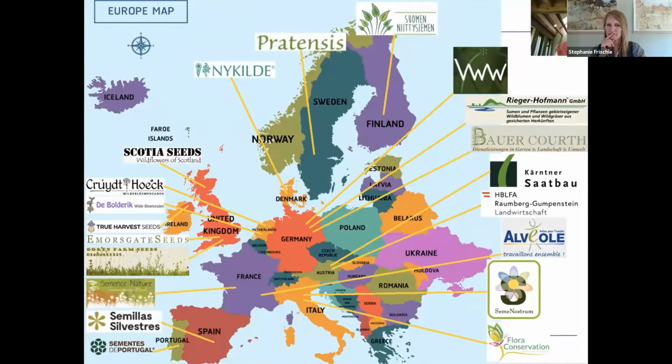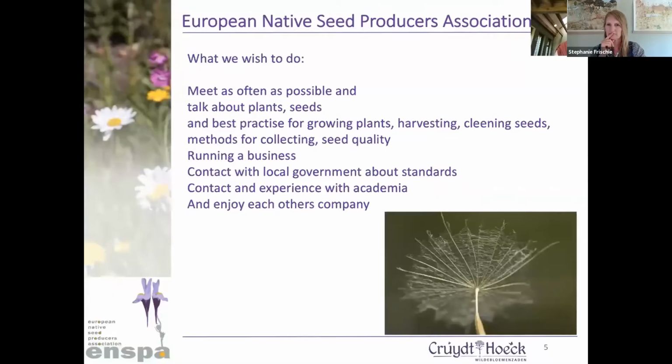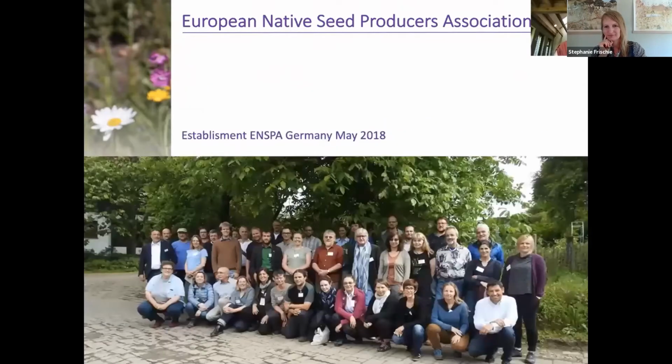Some corners are missing, so we're really looking forward to people who are willing to join us and have the same ideas and ideals for local native seeds. We wish to meet as often as possible and talk about plants and seeds and best practices, how to run your organization, and how to have contact with your local government about standards, and with academia, and just enjoy each other's company. Some pictures.